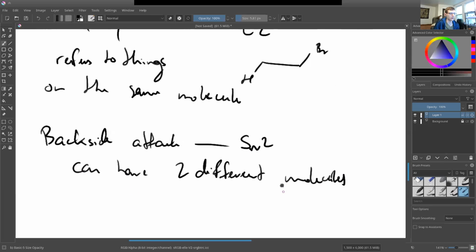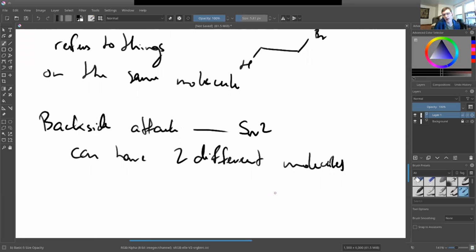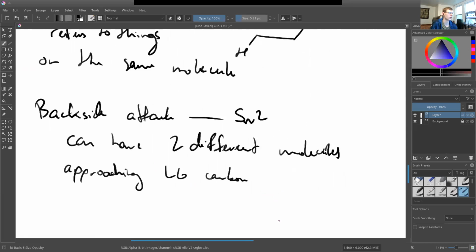And it's approaching the carbon where your bromine or whatever leaving group is already on, right? So it approaches the leaving group carbon.